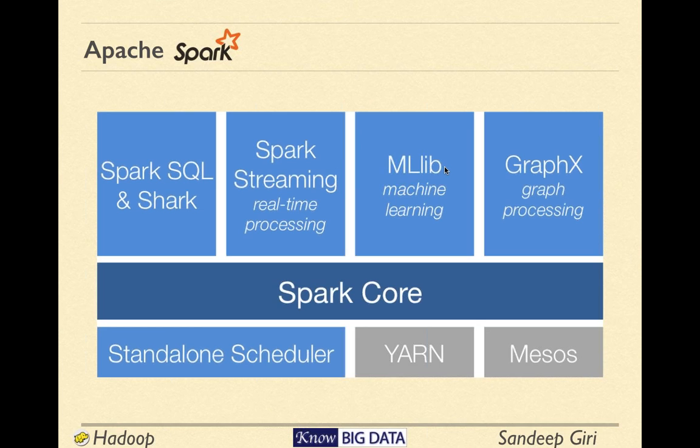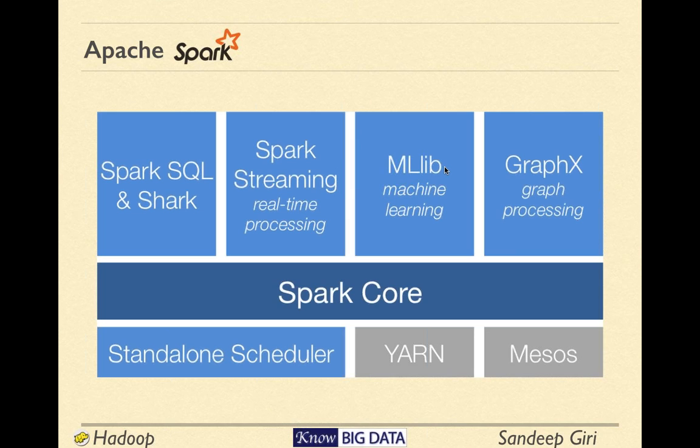So this is the general diagram representing what Spark has to offer and what things Spark depends upon. Spark's core is something we are interested in, and Spark's core can be run as a standalone scheduler.